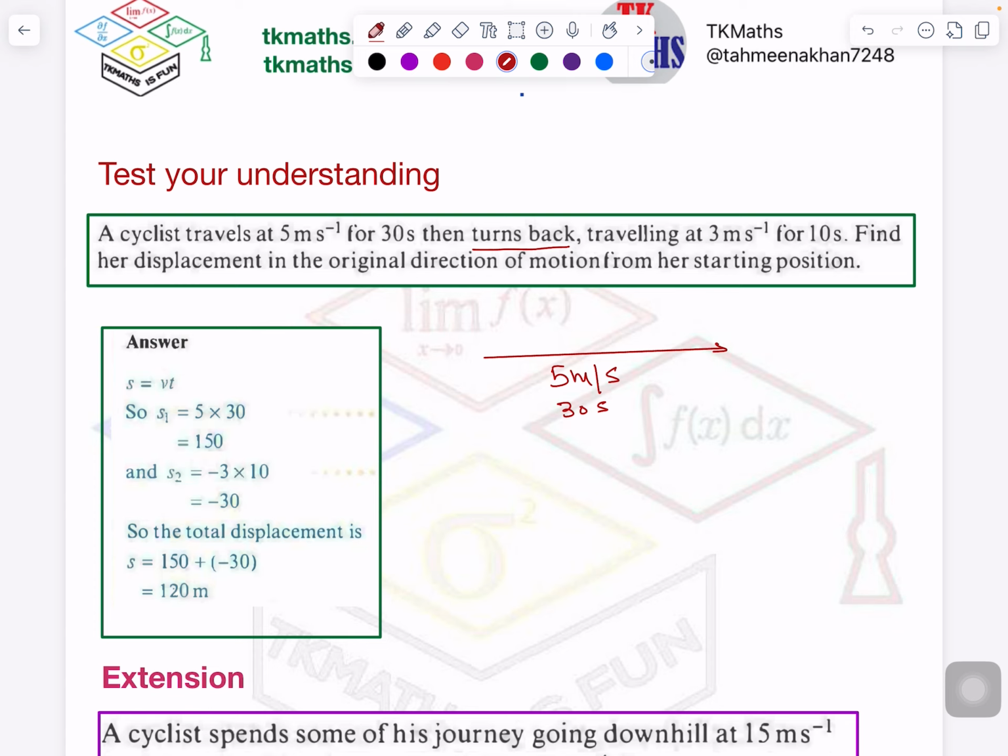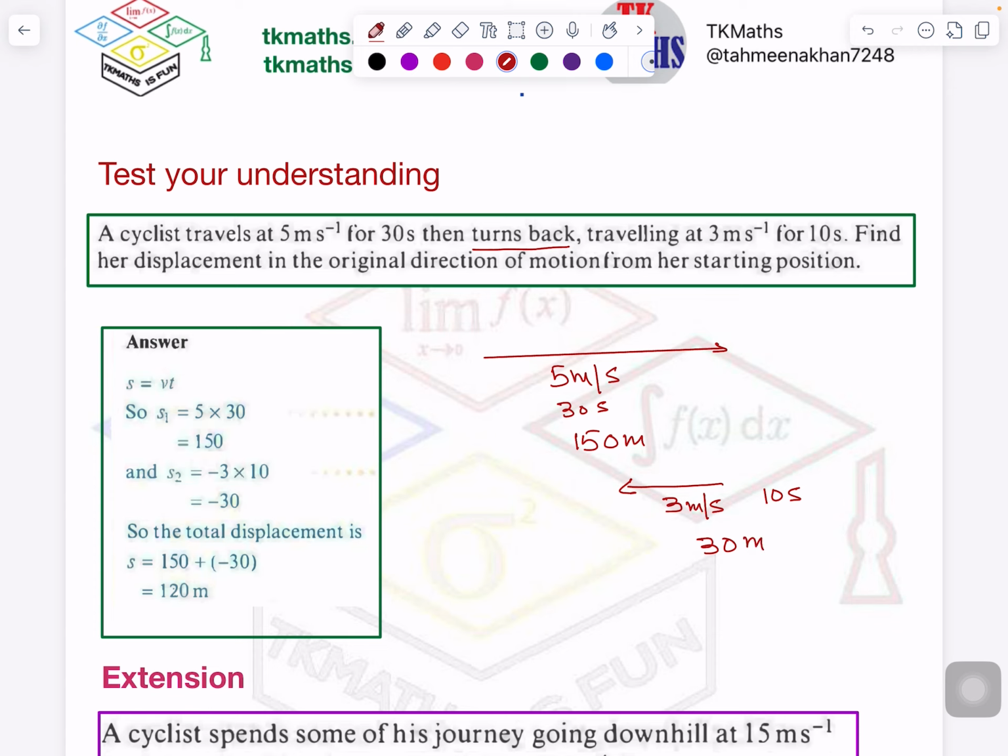So he covered 150 meters in this direction. Then he comes back. When he's coming back, of course, his speed is what? 3 meters per second and his time was 10 seconds. So the distance covered is 30 meters.